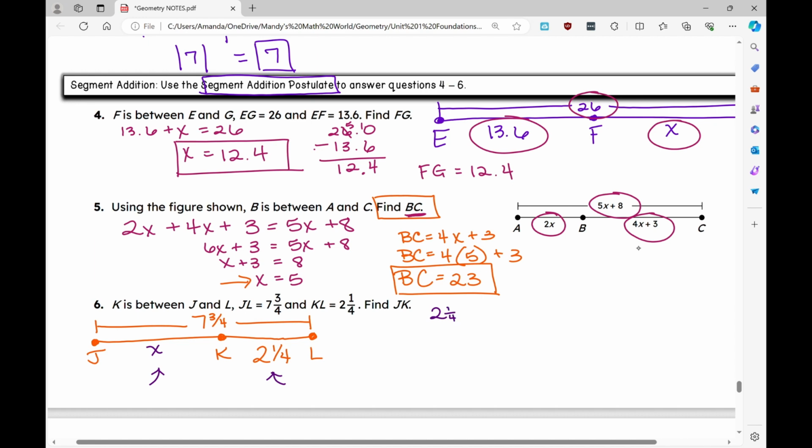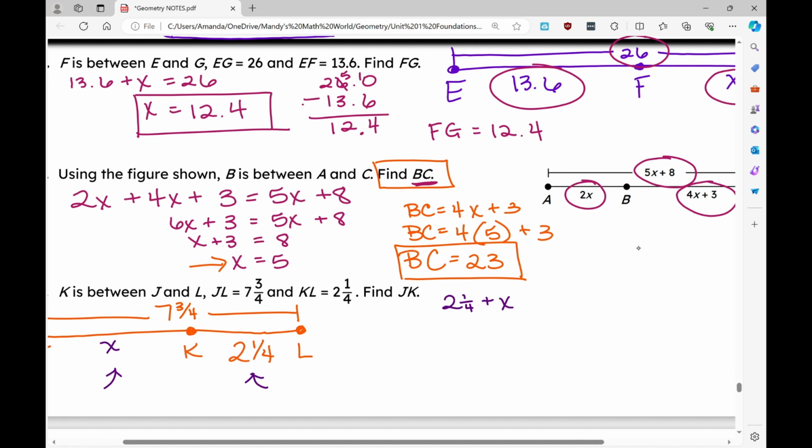So 2 1/4 plus X, and I'm going to zoom in, equals 7 3/4. Okay, so what am I going to do? I'm going to subtract 2 1/4 from both sides. So 7 3/4 minus 2 1/4.